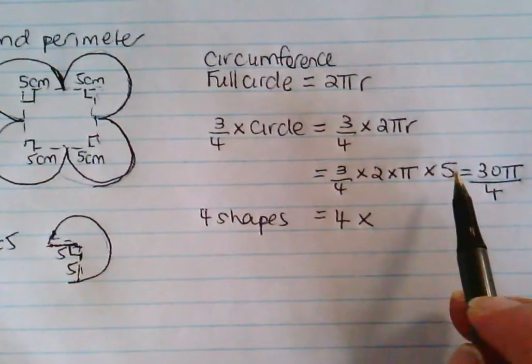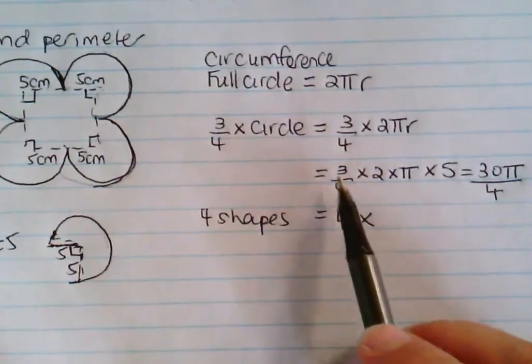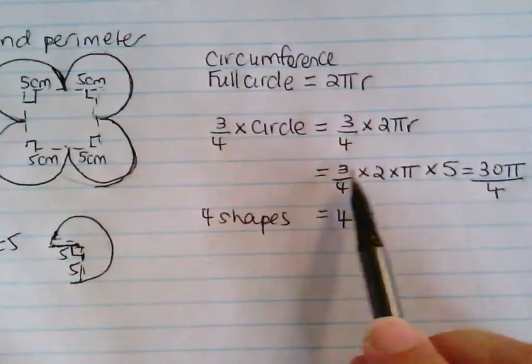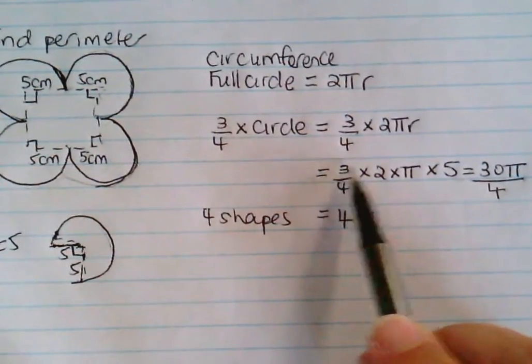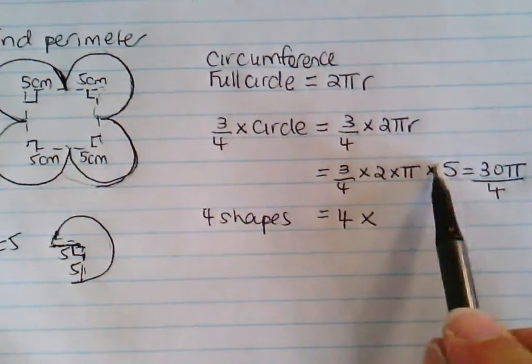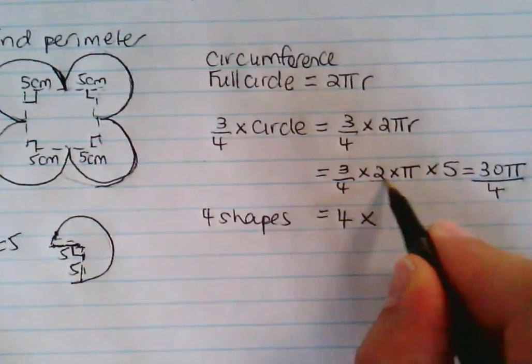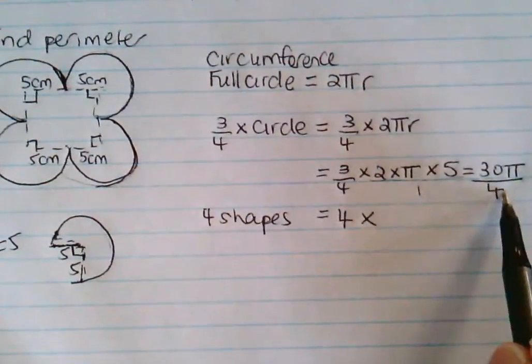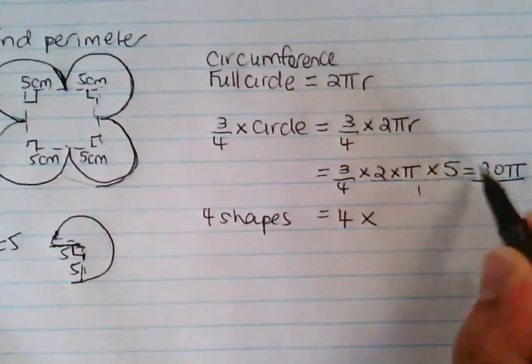Does that make sense? 3/4 of 2 times pi times 5. Keep the pi there. You just multiply all the numbers on the top. 3 times 2 is 6. 6 times 5 is 30. Remember, these would be all over 1. And on the denominator, we've got 4, or 4 times 1. So it's 30 pi over 4.